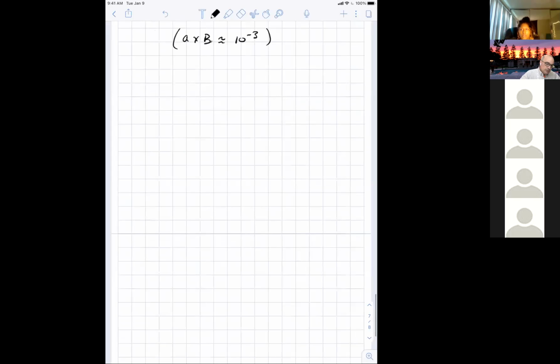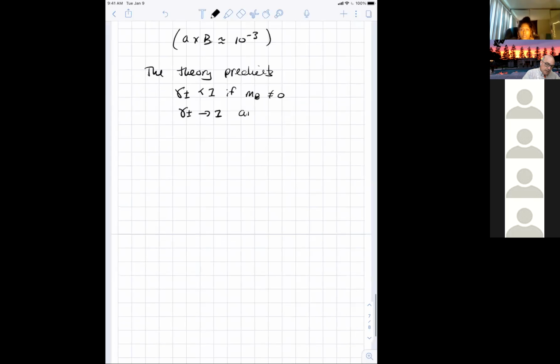So let's see what the theory predicts. If you put in numbers, the mean ionic activity coefficient is less than 1 if the molality is not 0, which is what we see. And this coefficient goes to 1 as the molality goes to 0. Again, that's what we need it to do.